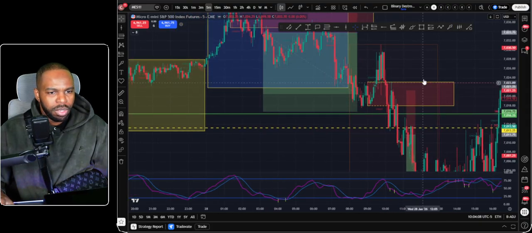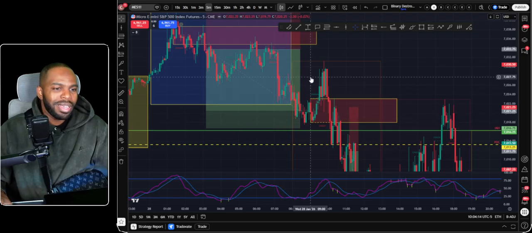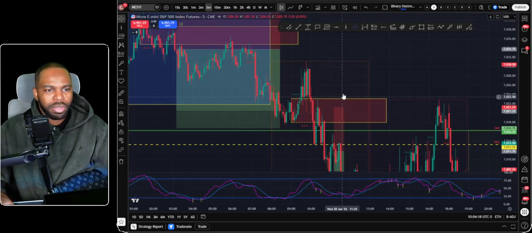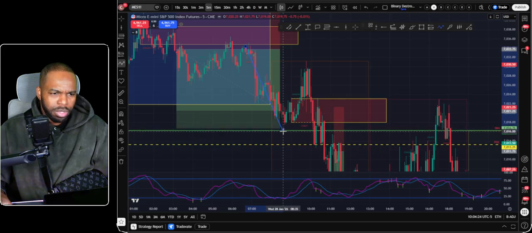And as you can see, price didn't touch that area in the London session, but it did hit it in the U.S. session. It just pulled back. Price came down here, came close to it, pulled back and touched it.